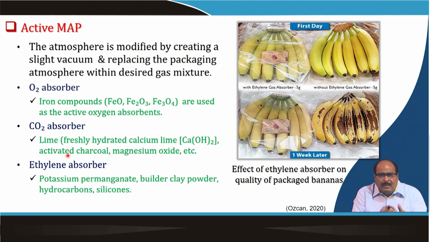Some absorbers, emitters or scavengers are used so that wherever desired, the composition of O2, CO2 etc. is maintained very quickly. That is the active modified atmosphere.